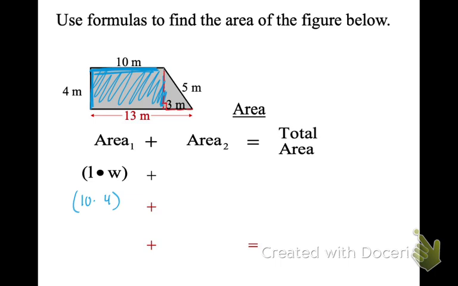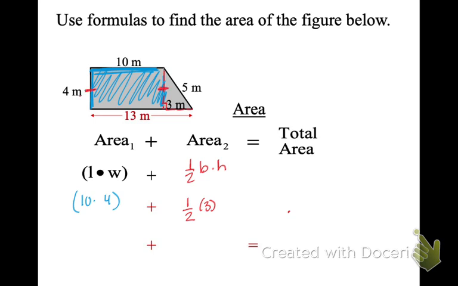Well, we know the base is 3, and we have to do that 1/2 for a triangle. Remember, it's 1/2 base times height. So I'm doing 1/2. We know the base is 3. Now the height, it's not the 5. It's actually the 4, because if this is 4, this is 4.